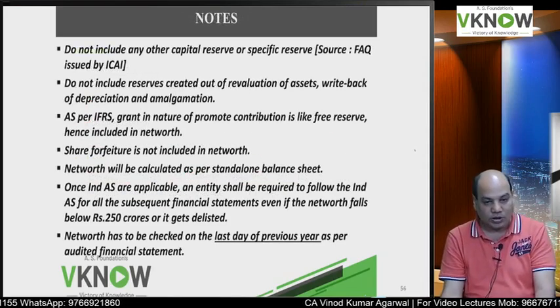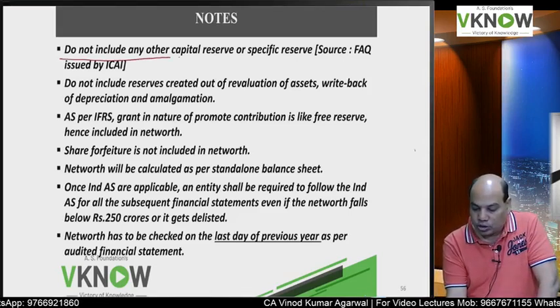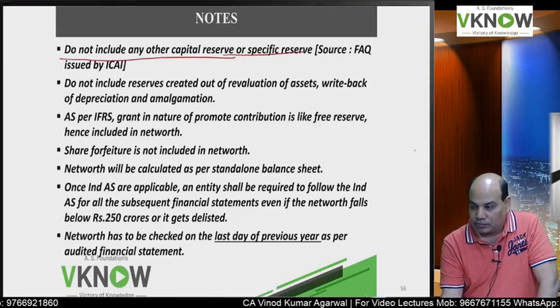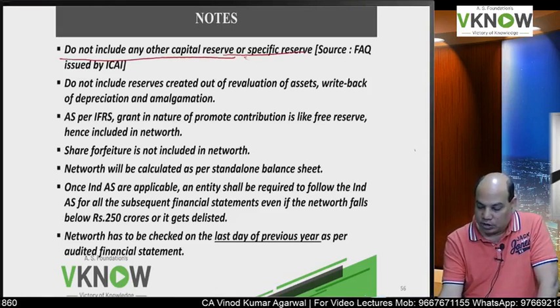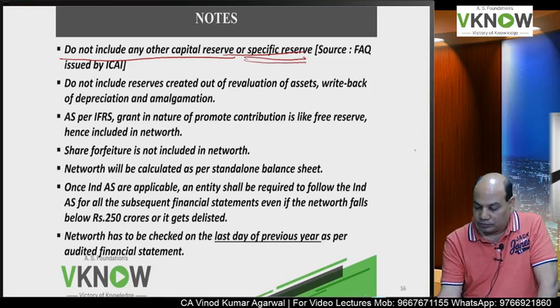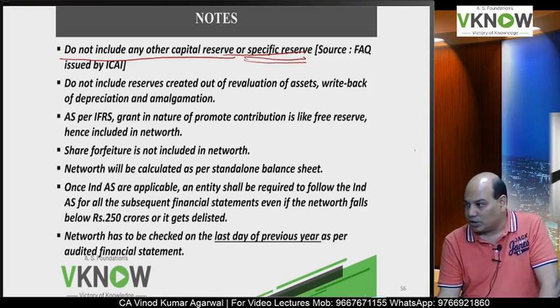Then I have mentioned some important notes because you will get a question on this. Do not include any other capital reserve or any specific reserve. Any specific reserve like development rebate reserve, investment allowance reserve will not be considered.